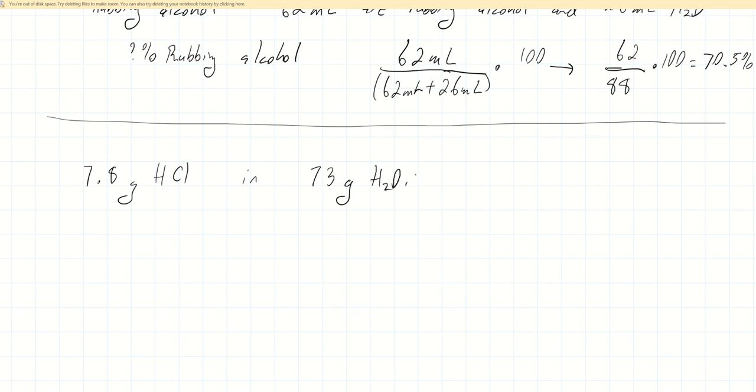This would be very, very similar to the Works toilet bowl cleaner. And I want to know, what is the percent HCl? Again, 7.8 is the HCl over 7.8 plus 73 times 100.